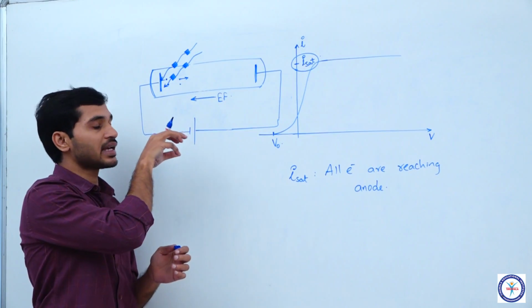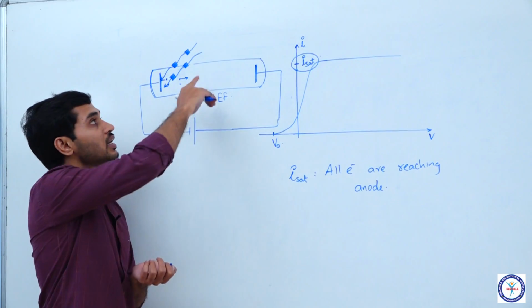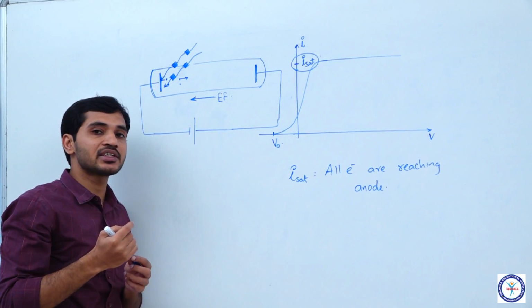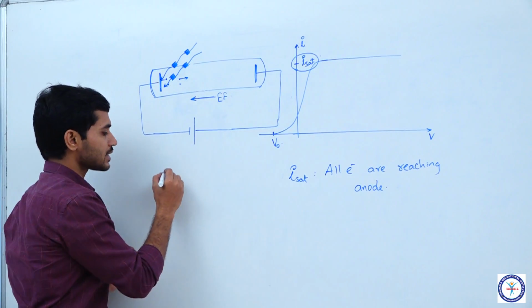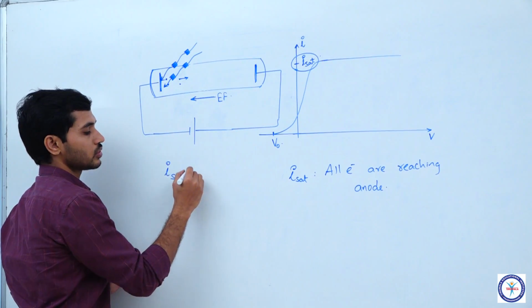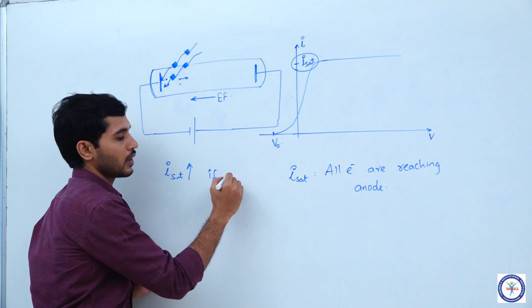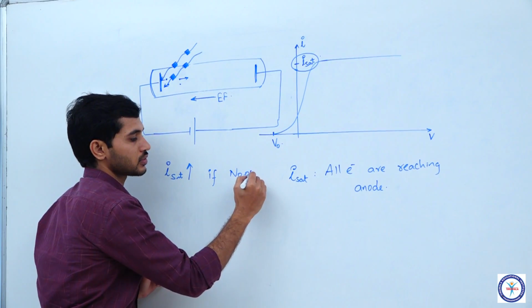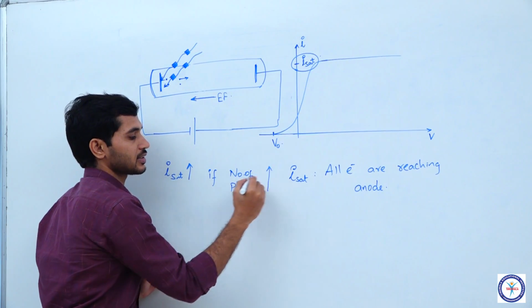So, it is as simple as that. To make sure that electrons coming out of the cathode are more, you will have to make sure that the number of photons which are incident on that material is more. So, simply put, to increase I_SAT, the saturation current, the number of photons has to increase.